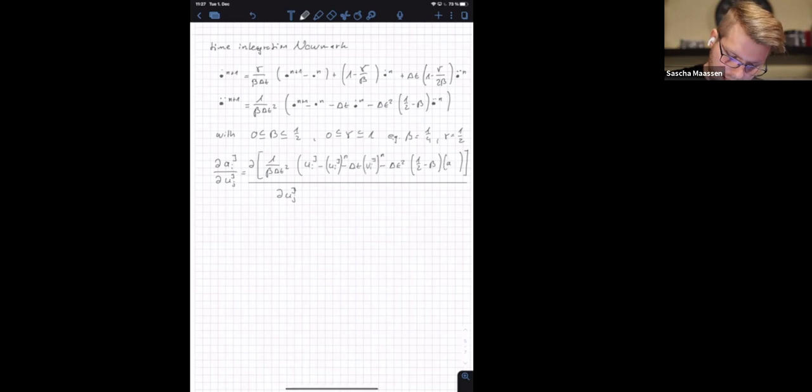And analogously, I can proceed also for the acceleration here. So remember once more, these are quantities known and they are just constant. Constant means with respect to the current degrees of freedom.